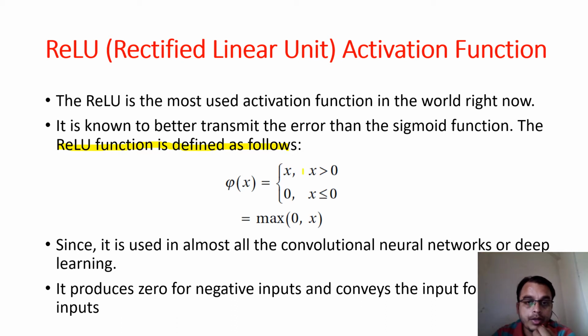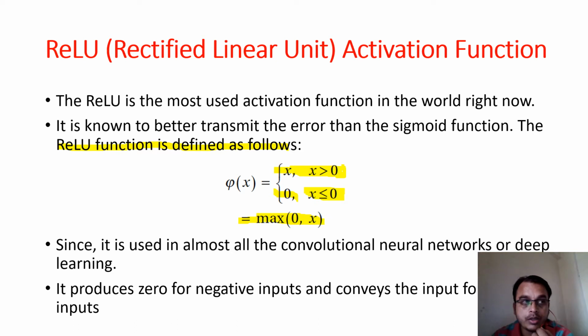The value of x is passed through when the input is greater than 0, and it is always changed to 0 if the input is less than or equal to 0. So whatever value we have will be between 0 and x. Since it is used in almost all convolutional neural networks, it produces zero for negative inputs and passes the input through for positive ones. So a value which is less than 0 will always be 0.